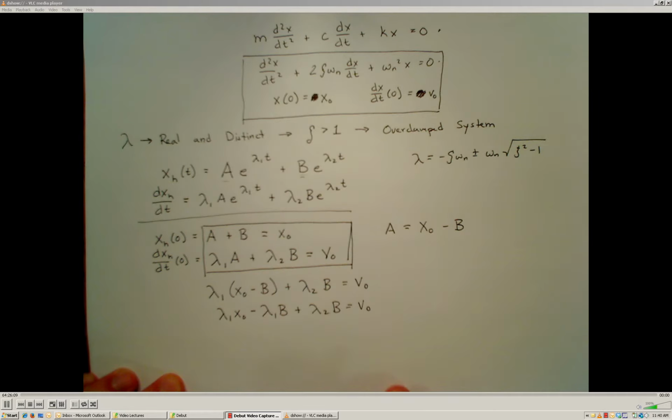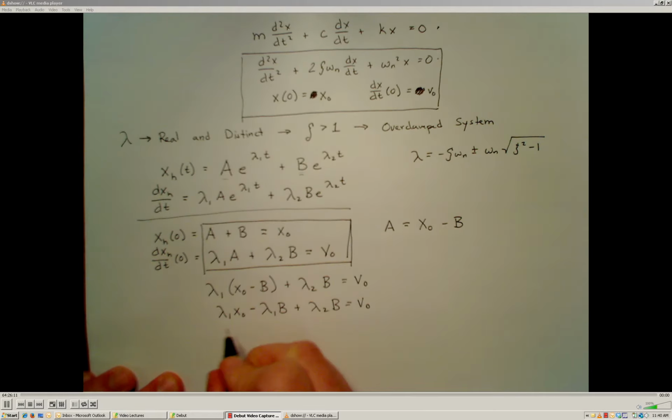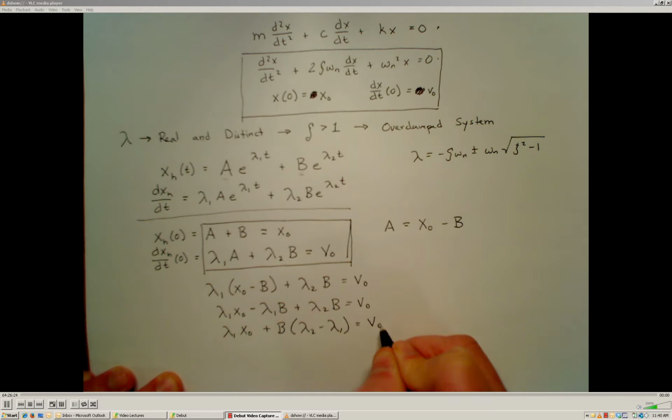Pulling the B out, I have lambda 1 x naught plus B times lambda 2 minus lambda 1 equals v naught. Then I can solve for B: B is v naught minus lambda 1 x naught, divided by lambda 2 minus lambda 1.